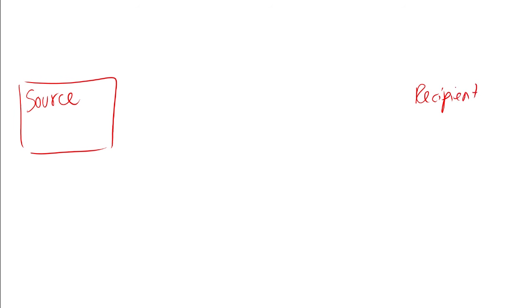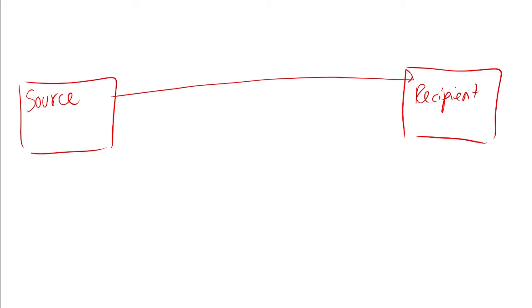So going back to that, from my source here, and I have recipient, I've created this signal, and we know we have noise, and we know we also have power loss.